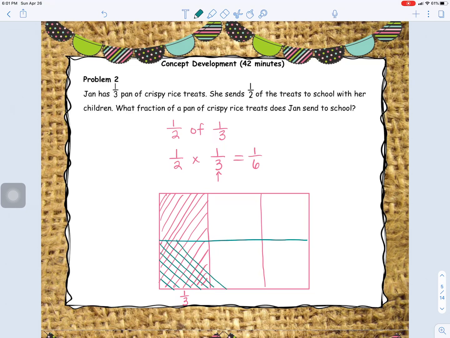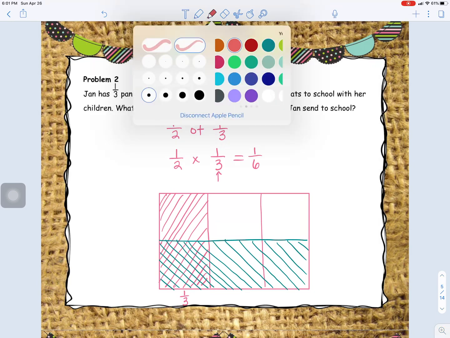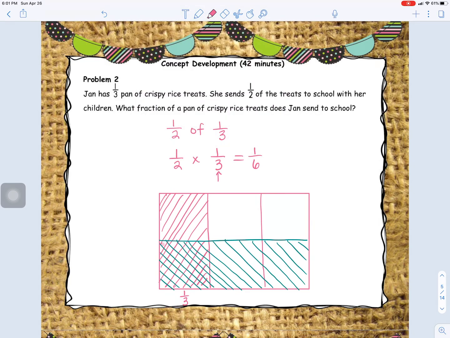I think I can already tell that it's going to be 1/6 for sure. So the area that's double shaded right here shows 1 out of 6. So that's correct. The answer would be she would send 1/6 of a pan to school.